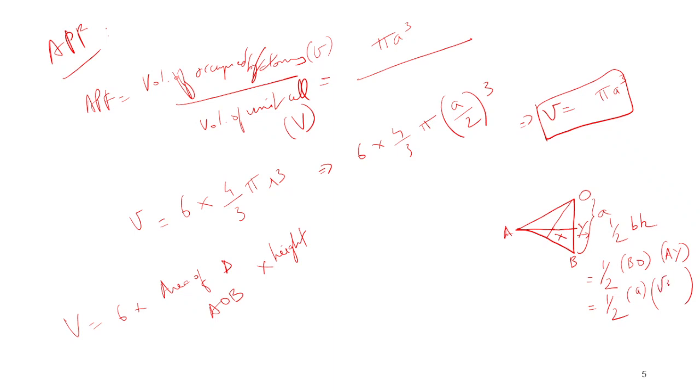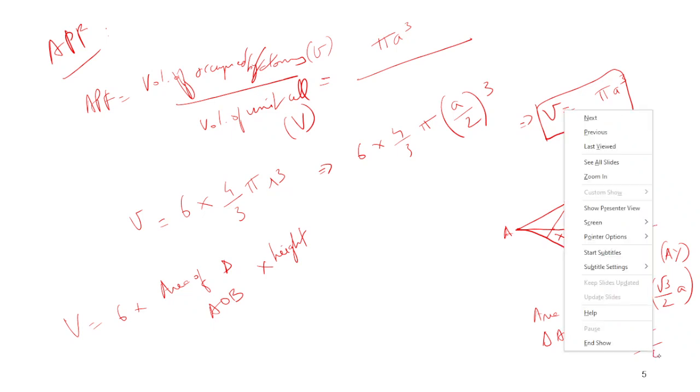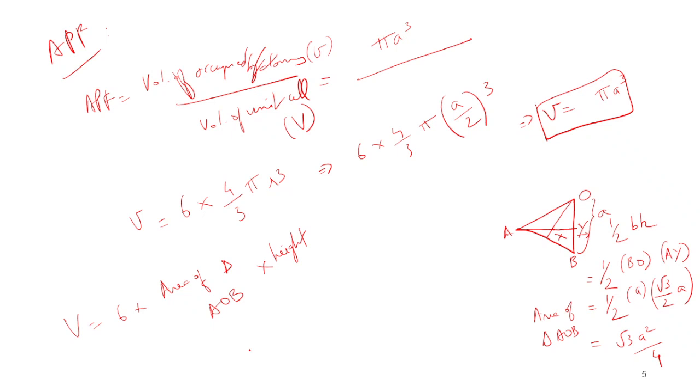So it is root 3 by 2 a. Yeah, excellent. It's root 3 by 2 a. So now we found the area of the triangle AOB, which is root 3 a square by 4. With this, we will now find the volume.